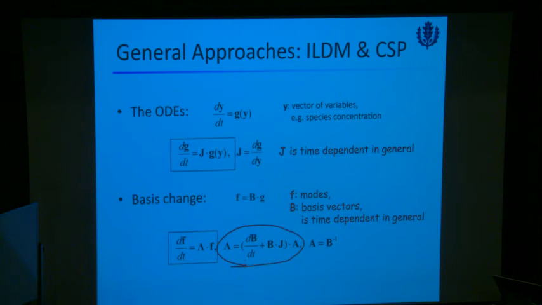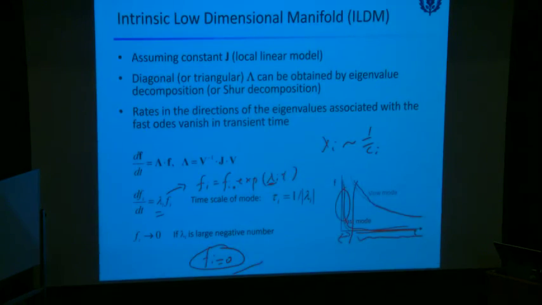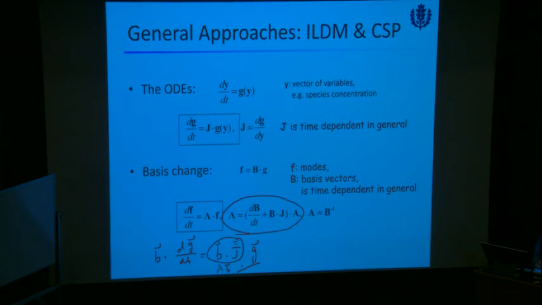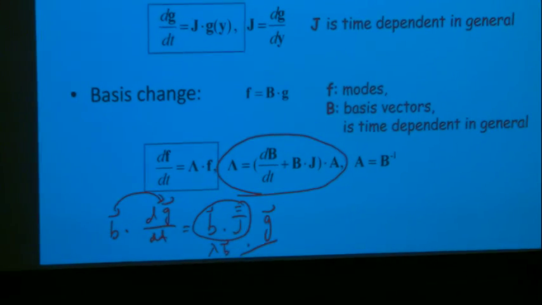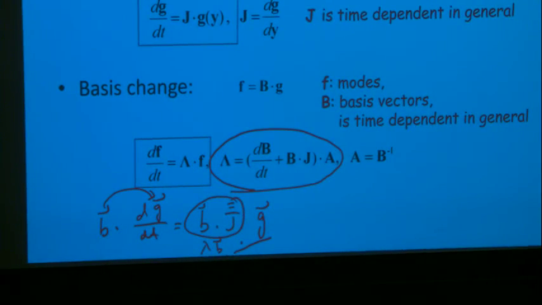This extra term is what you get by what? So let me just do this. Okay. So if you do b vector dot dg/dt is b dot g. Suppose this one will give you lambda b, right? And you want to call your b dot g to be your mode, but then you cannot just move b into the time derivative because b is time dependent.